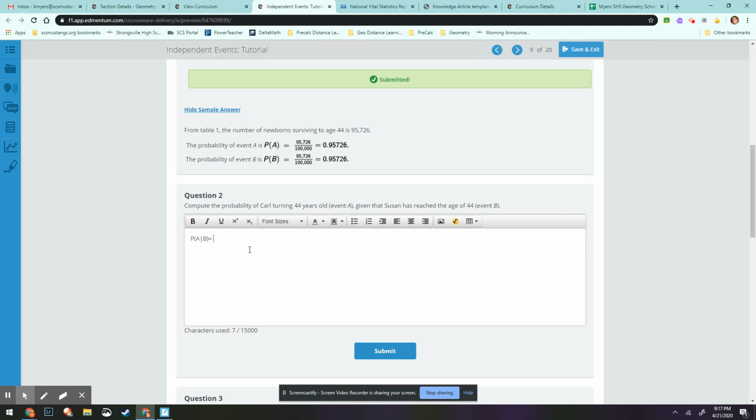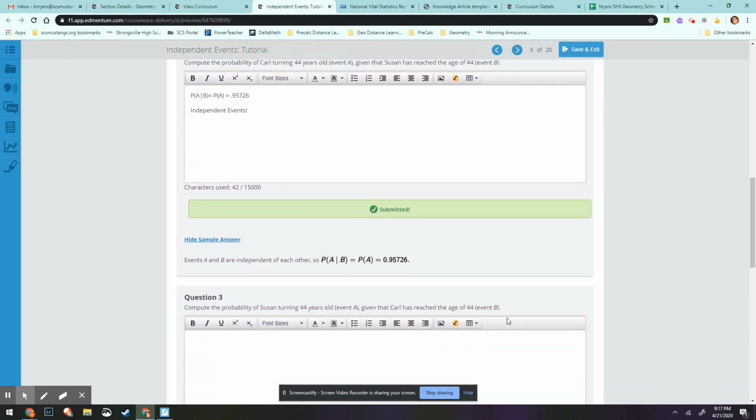Because they are independent events, they have no bearing on each other. So that means the probability of Carl turning 44, given that Susan has turned 44, is just the original probability, which is going to be 0.95726. Because they're independent, we just take the original probability.